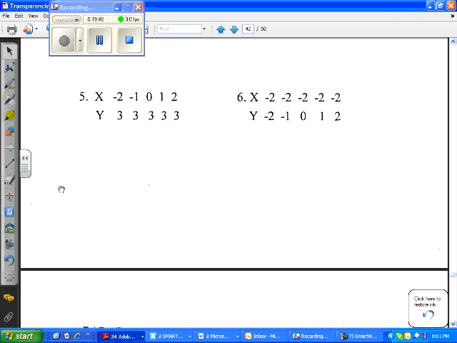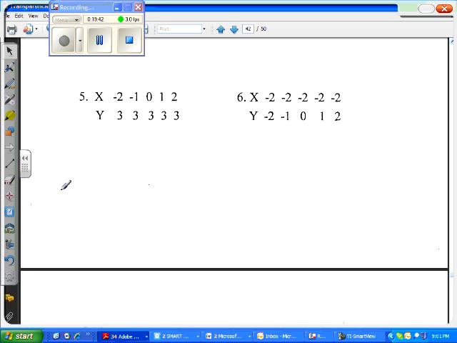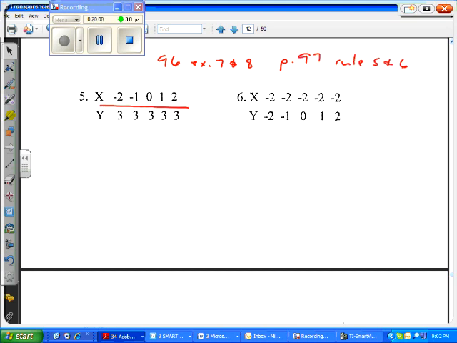Number 5 and 6 I threw in here. This takes us back to page 96, example 7 and 8. Page 97, rule 5 and 6. We learned that if there's a constant y, then it's a horizontal line, and the equation is y equal constant y.